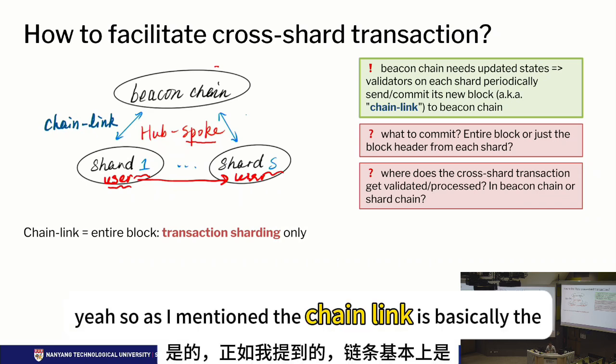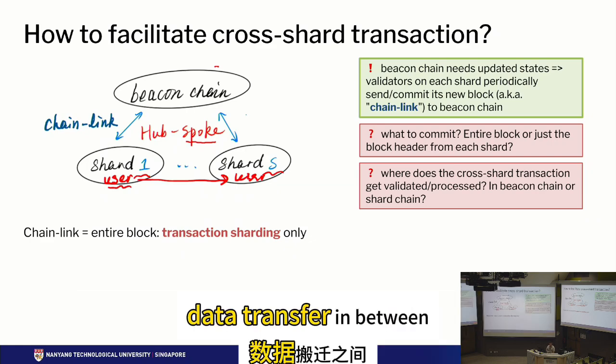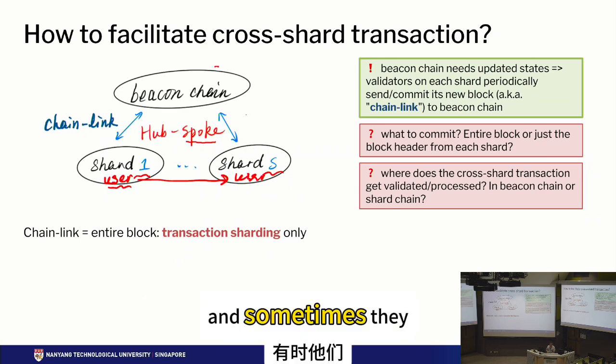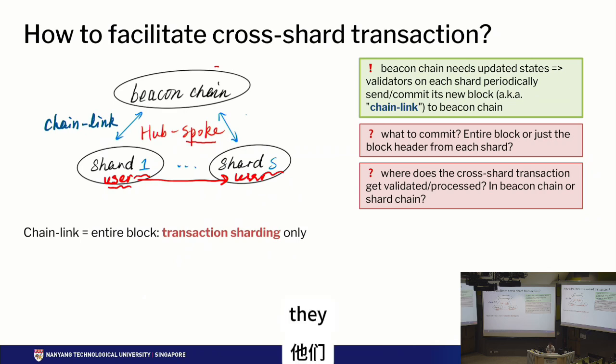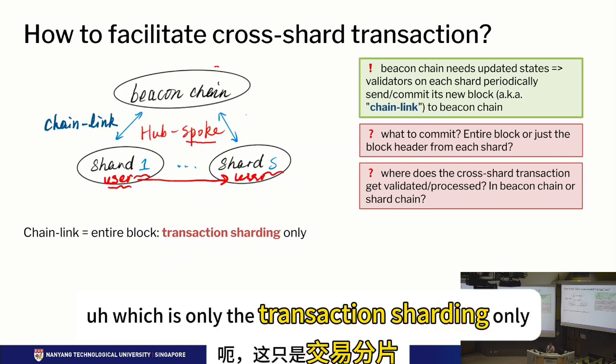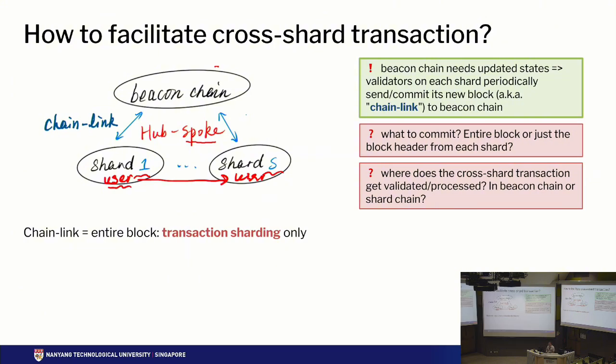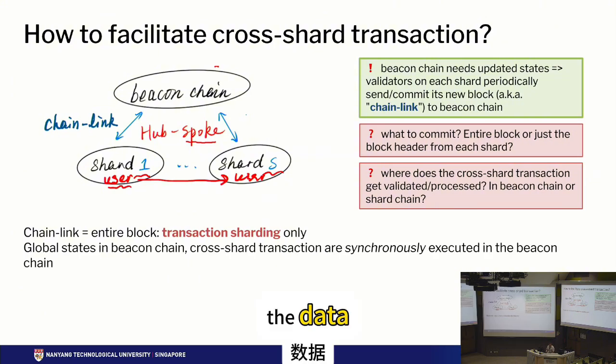As I mentioned, the chain link is basically the data transfer between the shard blockchain and the beacon chain. Sometimes they transfer the entire block, which is only transaction sharding for this entire block, not the data.